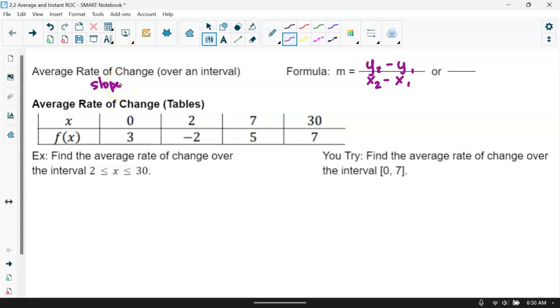Now here, you could also write this as the change of y over the change of x. This symbol just represents our term for change. We could also see it a different way, and we'll talk about this third format in a little bit when we get into the instantaneous.